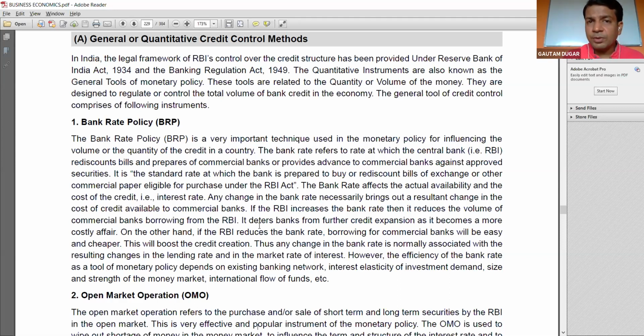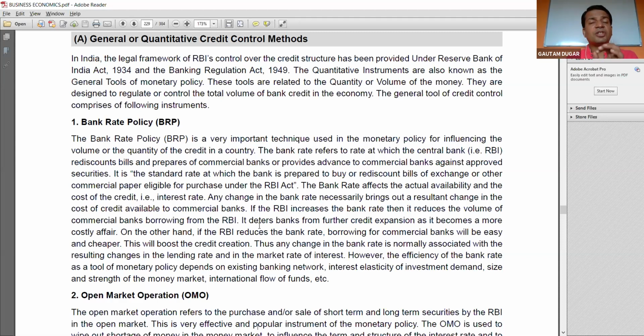Why the word rediscount? Because as businessmen, when we require funds, as you must have read in the chapter on bills of exchange in accounts, we go to the commercial banks to discount our bills. We get the money in advance. Now, when the commercial bank is in need of funds, it will go to the RBI and get those bills rediscounted.